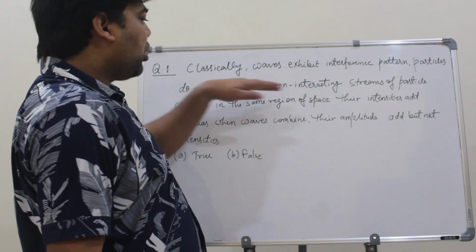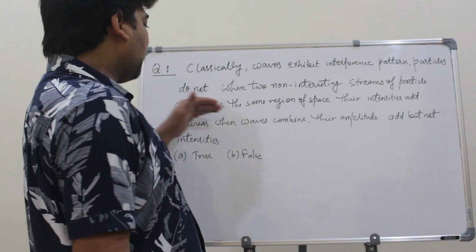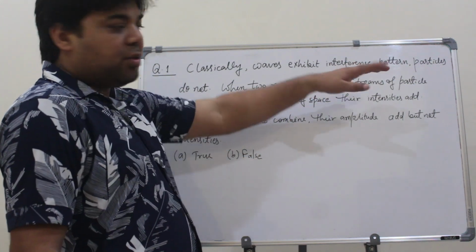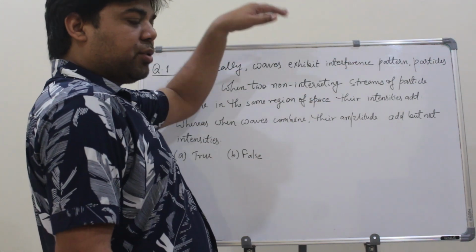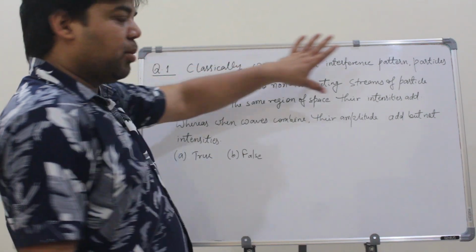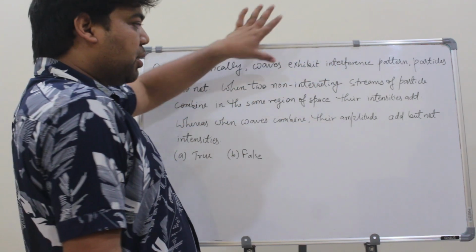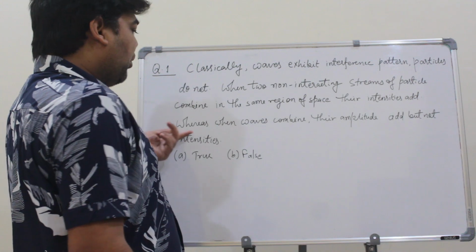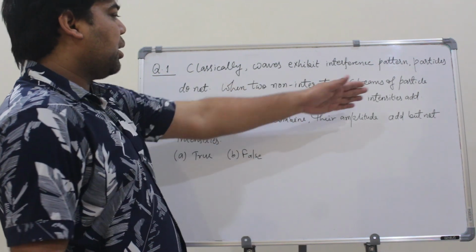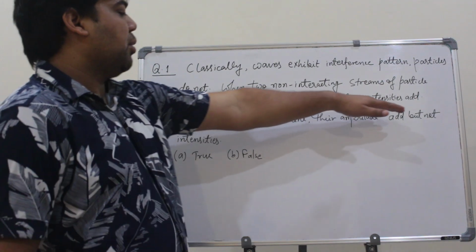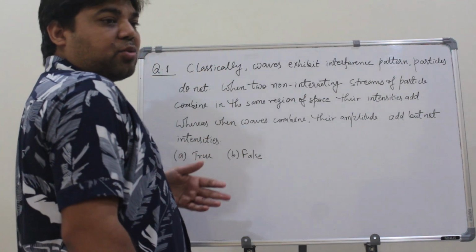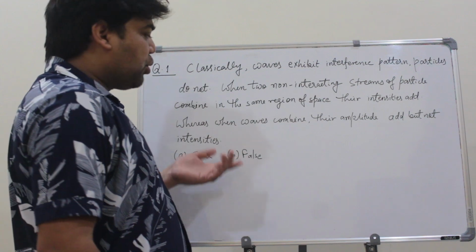When two non-interacting streams of particles combine in the same region of space, their intensities add. We already know this from Young's double slit experiment. The intensity is proportional to the square of the amplitude.